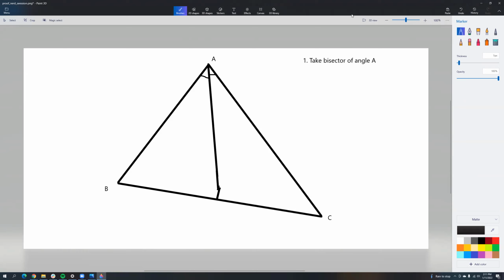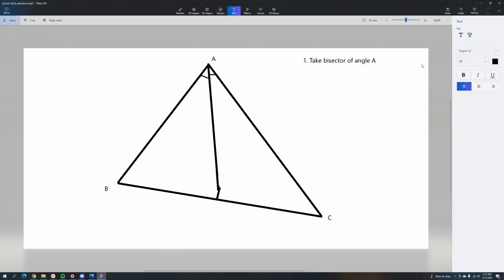What do we do now? We take the perpendicular bisector of BC, right? Which is this. Let's put an M here for middle, I guess.